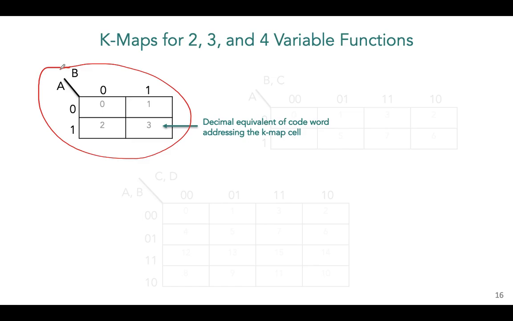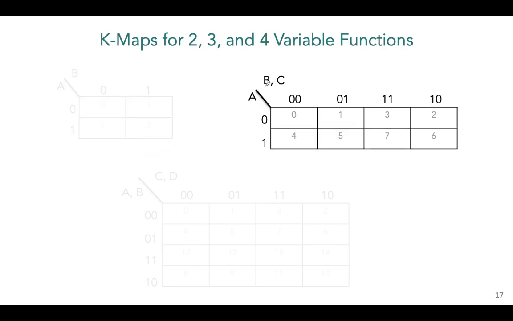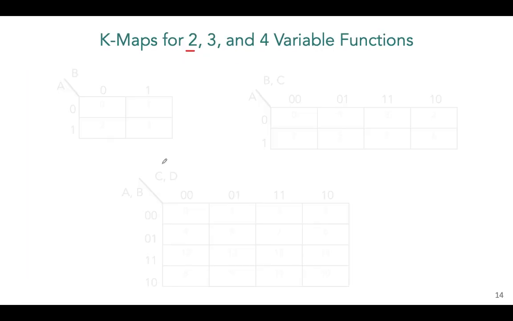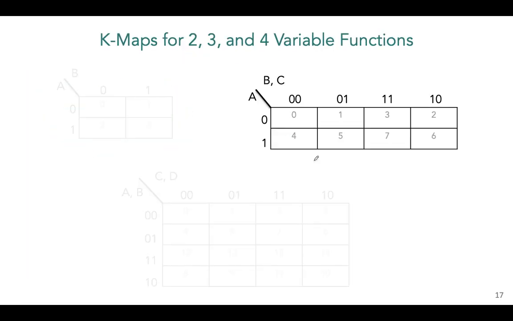Now let's move on to a 3 variable function. What this means is now we will have 3 variables in our equation, A, B, and C, like in this example. So this is what a K-map for a 3 variable function looks like.